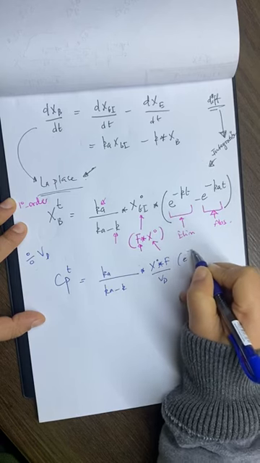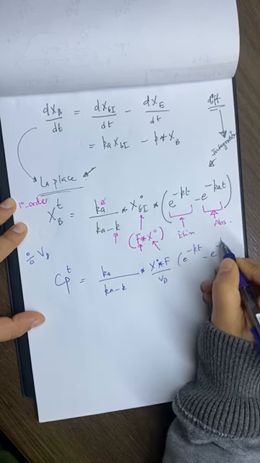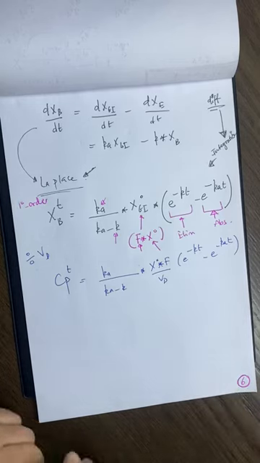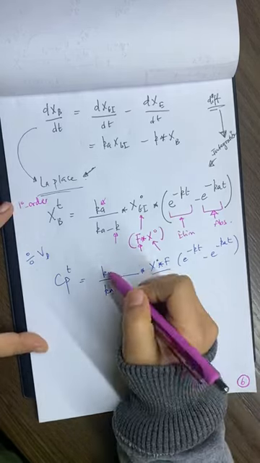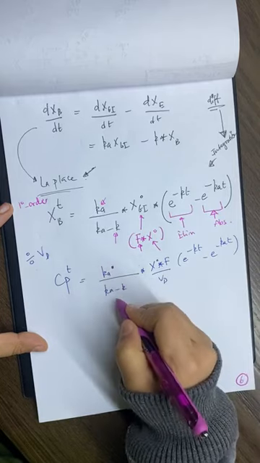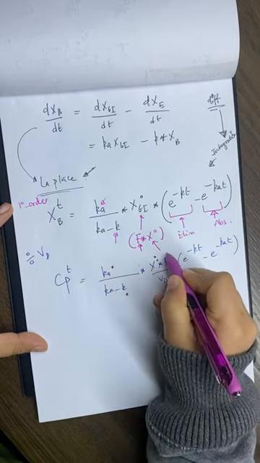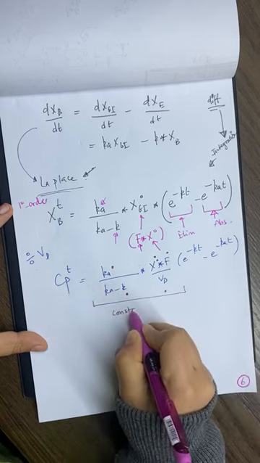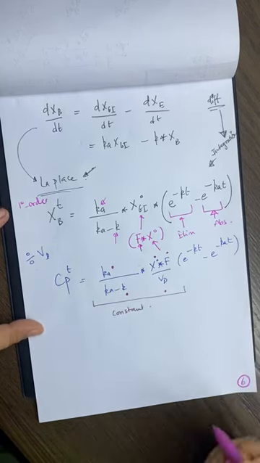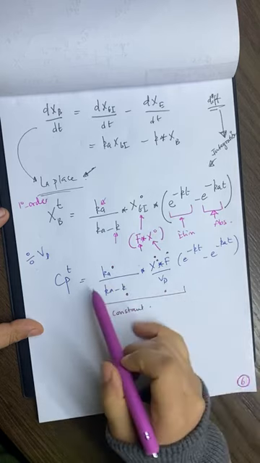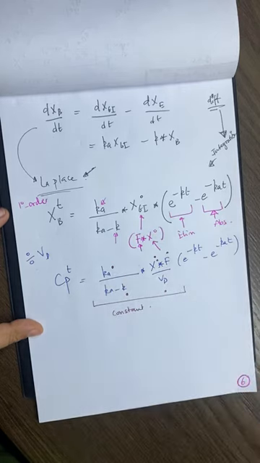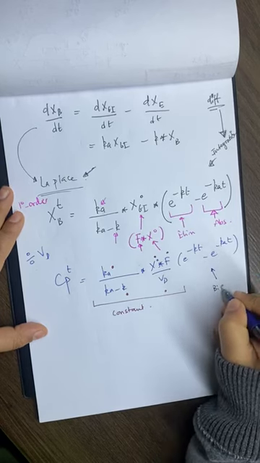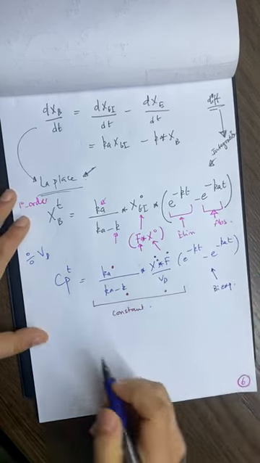I divided the equation already. If you notice, we have this, this, and this as constants. So the whole term consists of different constants, and we have two exponential terms here.